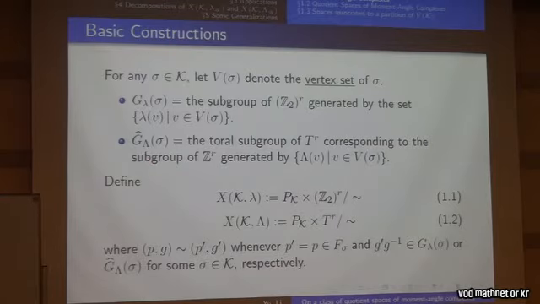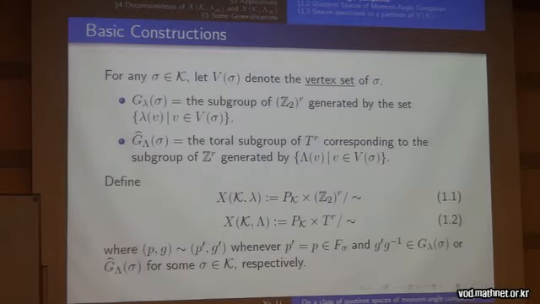So G_{lambda,sigma} is a subgroup of Z_2^r generated by the set of, you can think of this as colors, right? Generated by the set of colors. And the hat G_{lambda,sigma} is the torus subgroup of T^r corresponding to the subgroup of Z^r generated by the colors of sigma. So these are quite standard basic constructions.